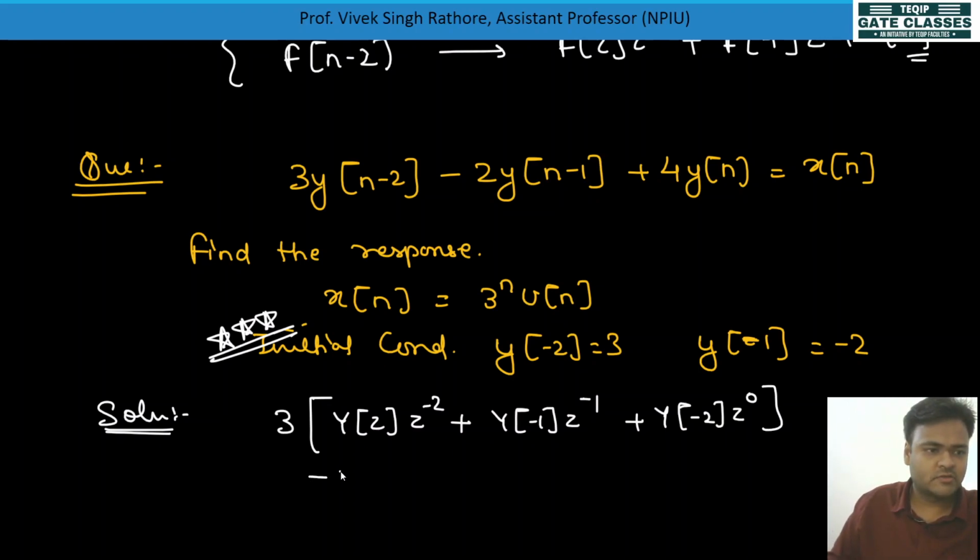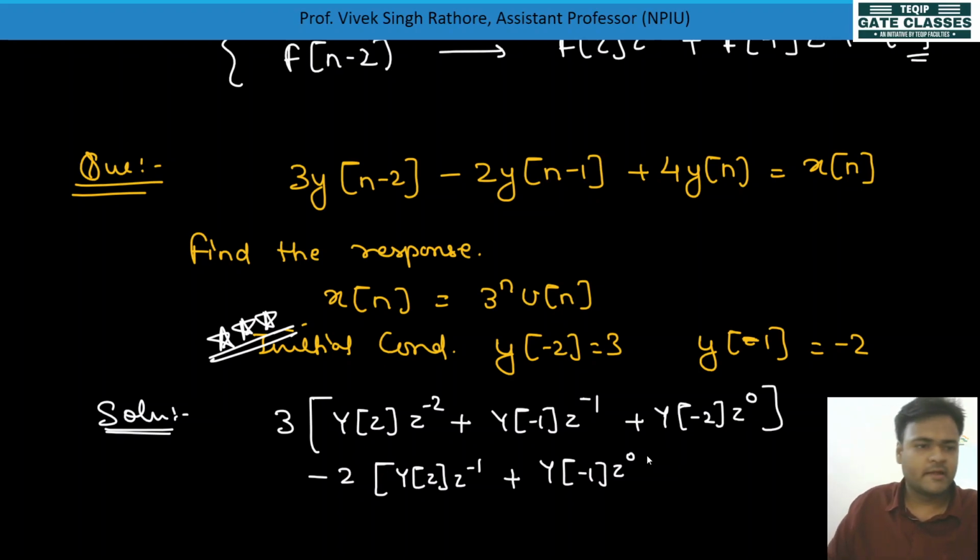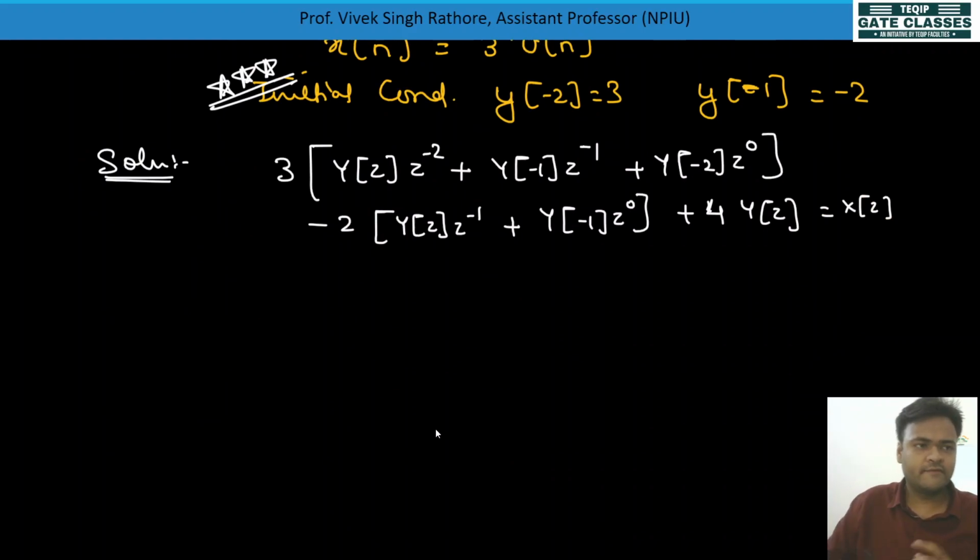Then minus 2 y of z, z to the power minus 1 will be there, plus y of minus 1 and z to the power 0 will be there, okay. It will go on, plus 4 y of z is equal to x of z, okay. Now see, we have considered the initial conditions.